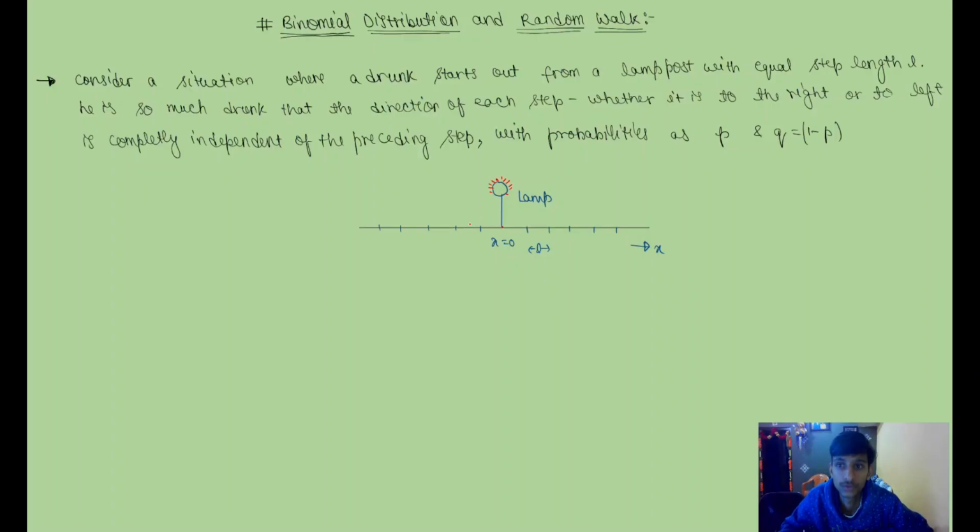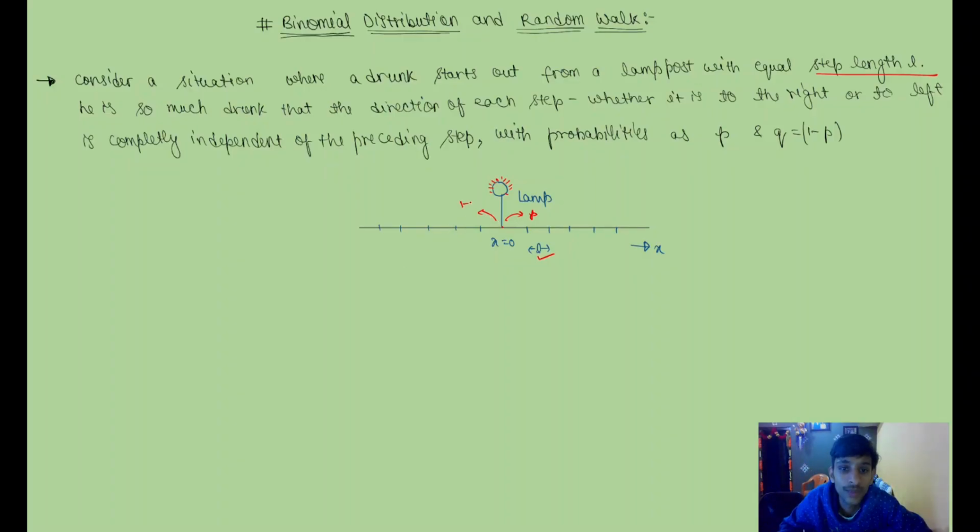So what he does is, the length of his every step is the same. This is L, the step length. And every time, let's say he is moving to the right of this lamp post, the probability that his right leg will move is, let's say, P. So what will be the probability that his leg moves left?